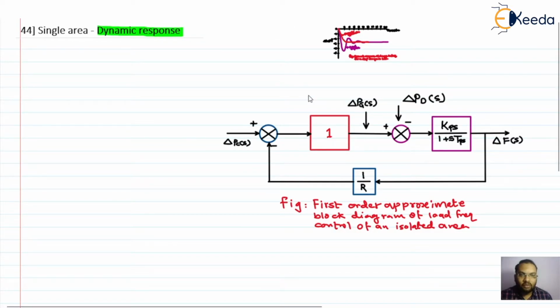What we have done is modeled our system in the Laplace domain. Laplace domain deals with frequency, and the time domain deals with time. Both have some advantages and disadvantages.